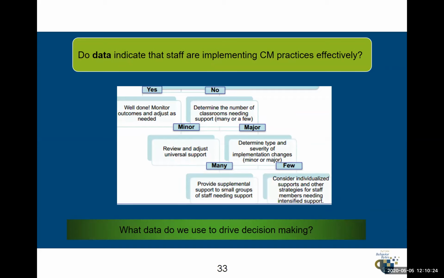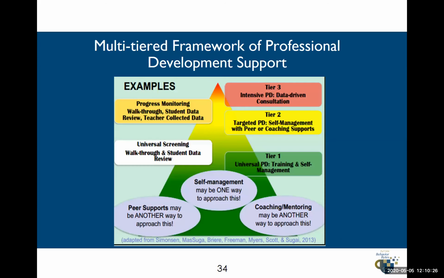Okay, so if you look at this multi-tiered framework for professional development or support, at tier 1 you can look at universal professional development through training and self-management. You might have teachers using self-learning to increase their skills. That's one way to approach it.